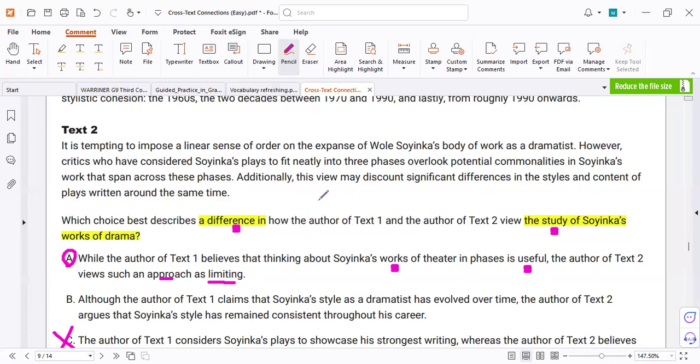What is the evidence? Let me help you. He said this view may discount. Discount means ignore. And if you ignore something, it means you didn't cover all the points. So it's called limiting. Here, catch it. Yes.